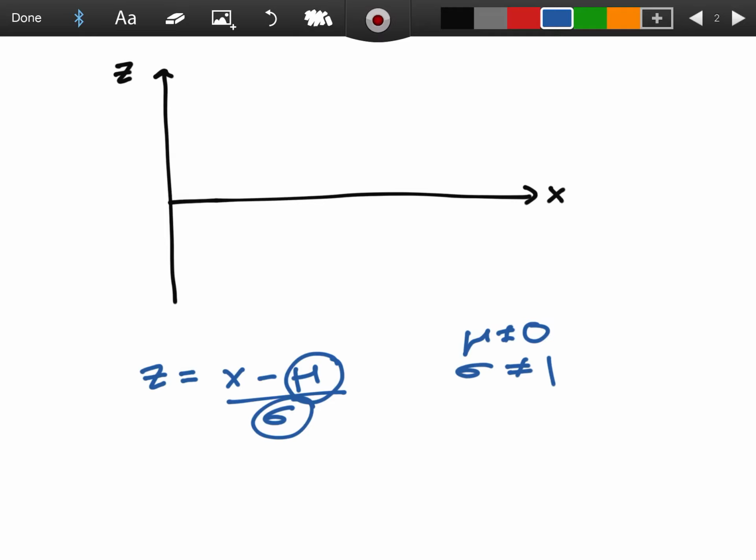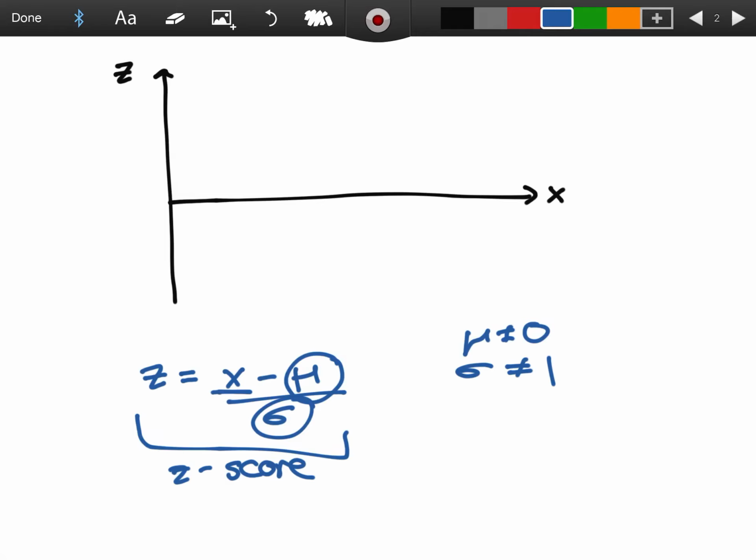By doing this to every single one of my data points x, the data values z that I got back would then have a mean of 0 and a standard deviation of 1. And it was way easier to deal with probabilities when we had transformed it into this standard normal distribution with a mean of 0 and a standard deviation of 1. So that's why we did this.